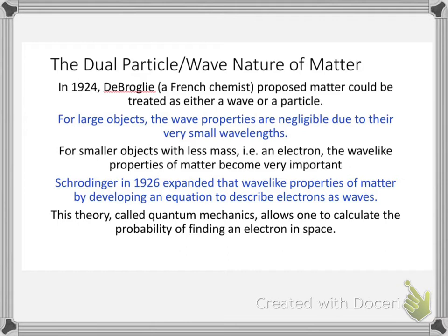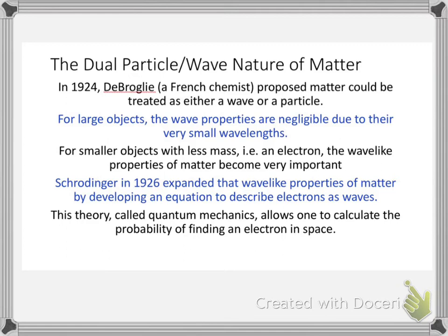So you can see here in 1924, de Broglie, who's a French chemist, proposed that matter, the stuff that things are made of, could be treated as either a wave or a particle. So he was trying to think in this direction. His discussion went kind of like, if you have a really large object, the mass of that object is so large that we can't see its wave properties.